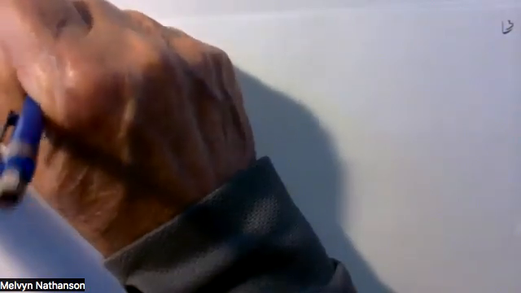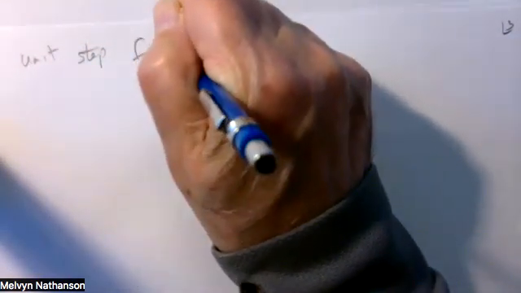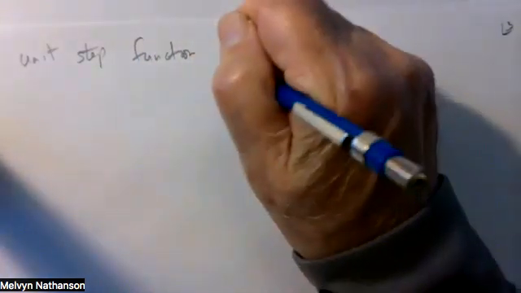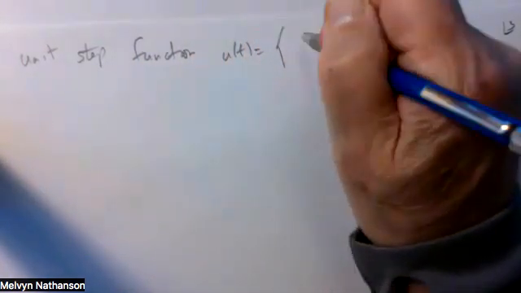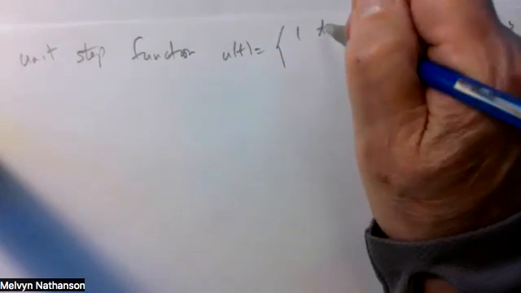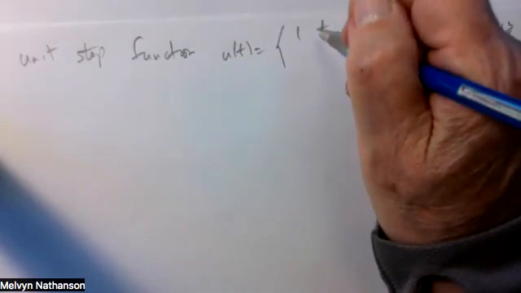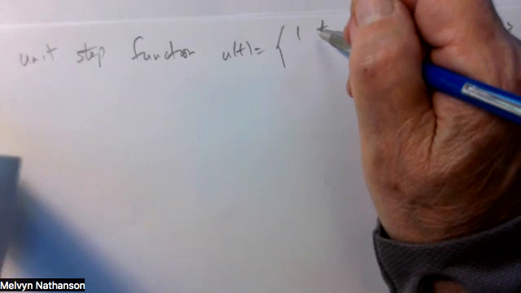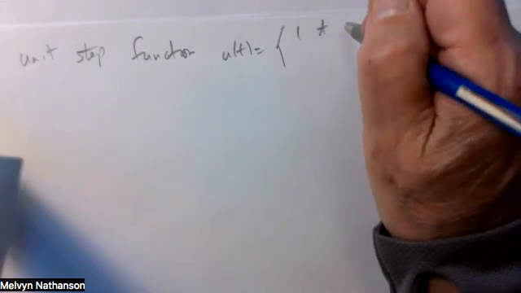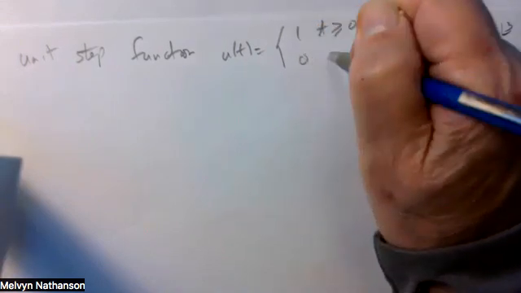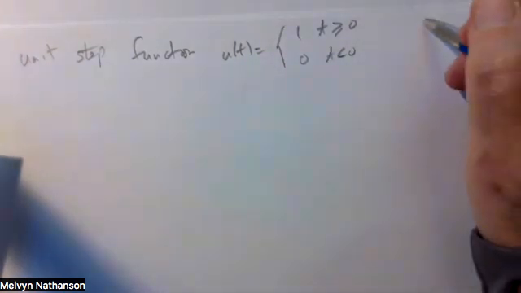So we have the unit step function, u of t, which is defined to be 1 for t greater than or equal to 0, and 0 for t less than 0.